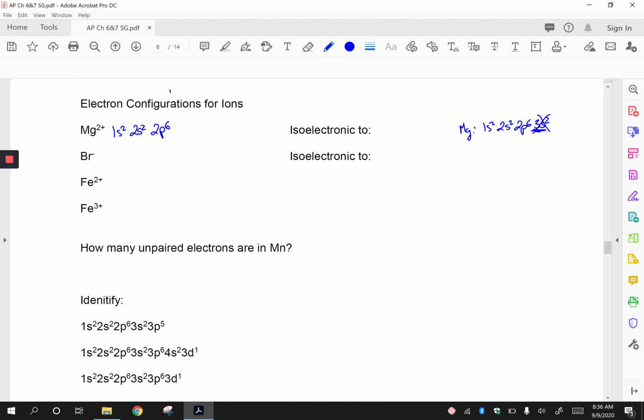Most of the time, the ions, or the atoms, lose or gain electrons in order to become more stable, which means to have a noble gas configuration. So a lot of times, not always, but a lot of times your electron configuration for an ion is isoelectronic to a noble gas. Iso means same, electronic means electron configuration. So this is the same electron configuration as neon. So the magnesium is going to lose 2 electrons, so it becomes stable like neon.